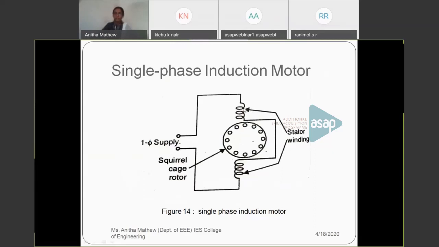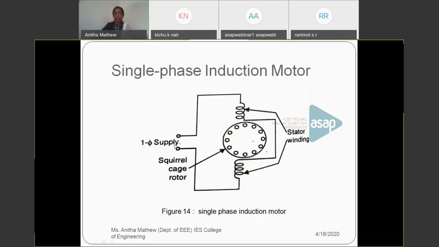Here we are using single phase winding, and the rest you can see is the same as that of the three phase induction motor. Single phase supply is given to the machine, which is different from the three-phase induction motor. In three-phase induction motor, we are giving three-phase supply.